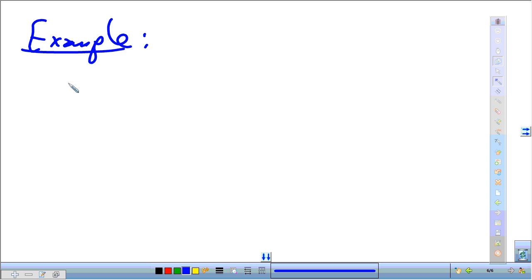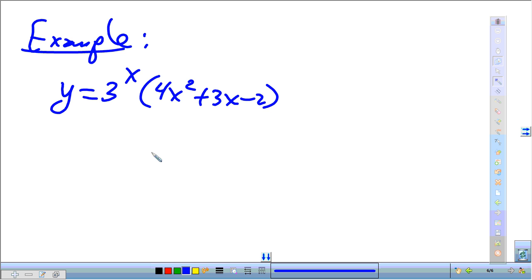So right now, a basic example, if we took y equal 3 to the x times the polynomial 4x squared plus 3x minus 2, I could look at that. Certainly, it's written that way as a product of some expression f of x and g of x.